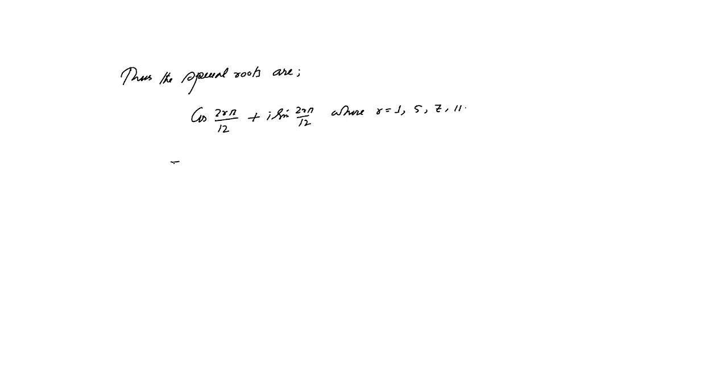This we can write as cos 2r pi by 12 plus or minus i sin 2r pi by 12, where r equals 1, 5.